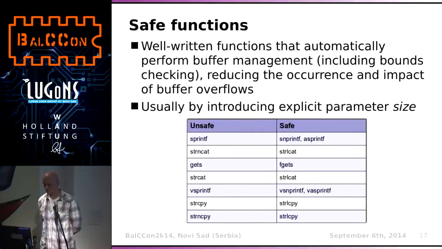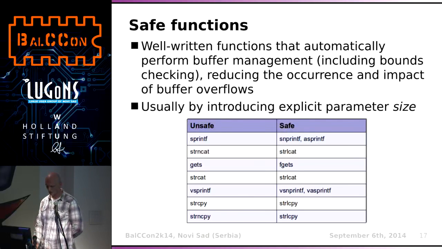Safe functions are also one of the best methods how to deal with the buffer overflow protection. So basically, instead of using all those unsafe functions, the new safe functions were introduced, where the explicit parameter size was introduced along the standard parameters.